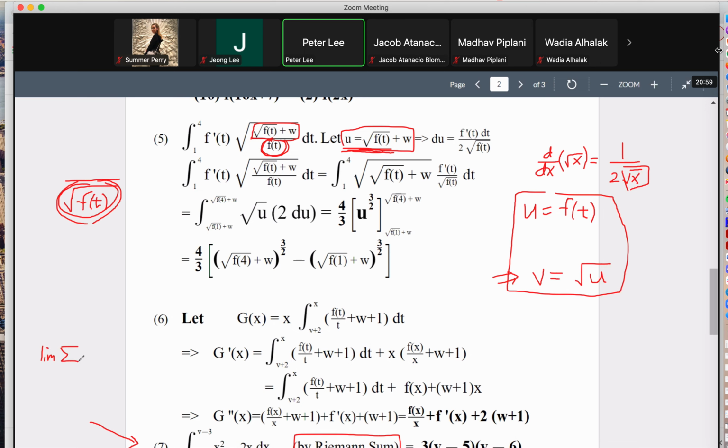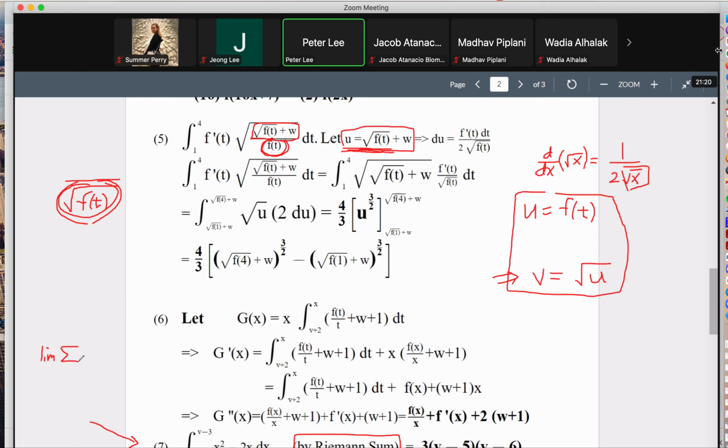It says here, evaluate the following definite integral according to the limit sigma definition of definite integral. And I underlined that too. I cannot make it any more clear than this.